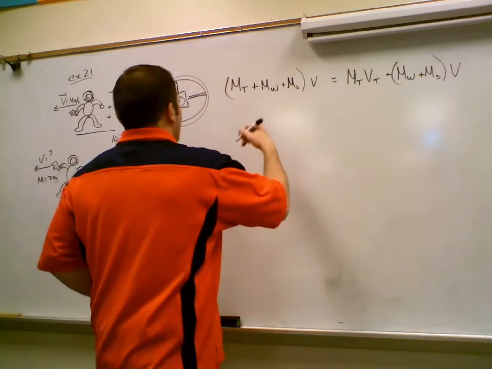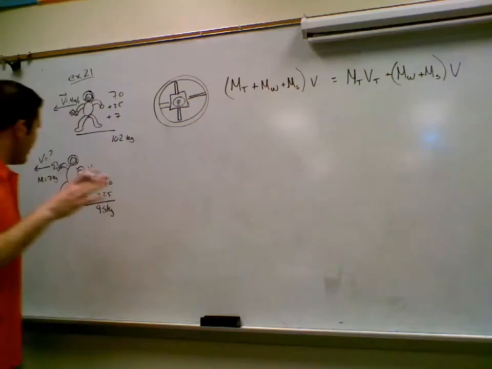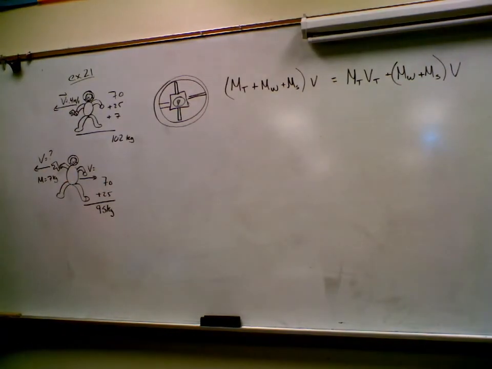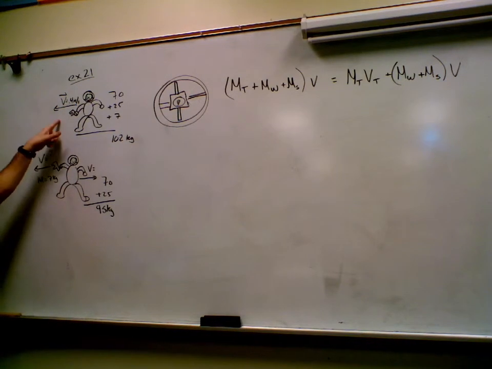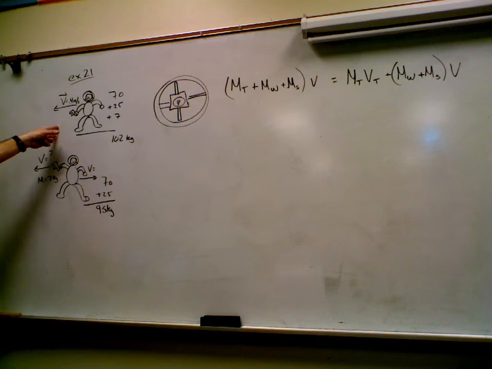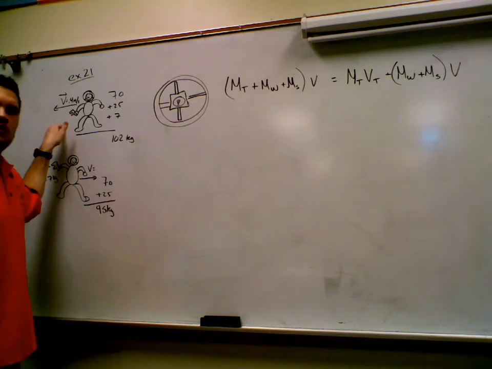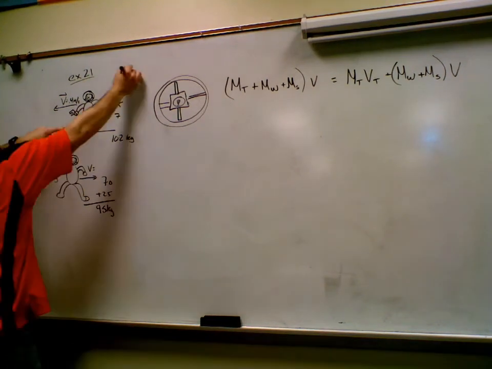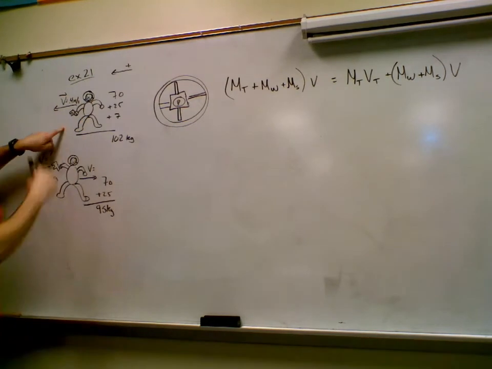So we can start plugging in what we know, but before we plug in what we know, let's think about this for a second. In order for the woman to save her life, her velocity has to go from positive, pass through 0 and become negative. We're gonna call this way the positive direction since we have the 0.4 is positive.